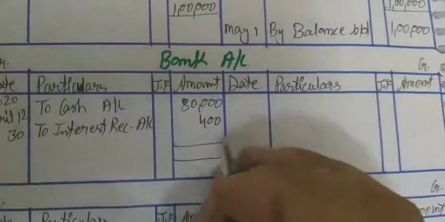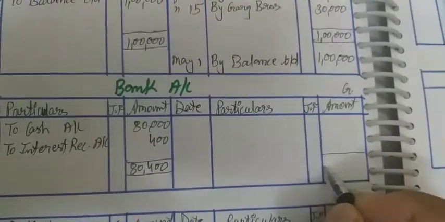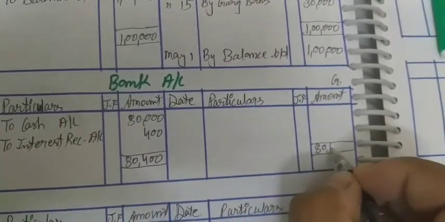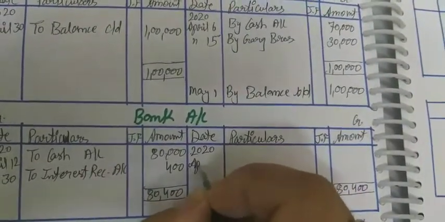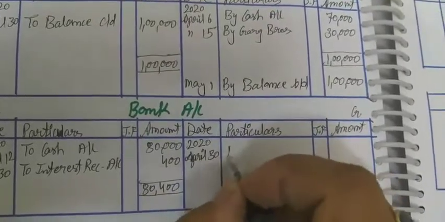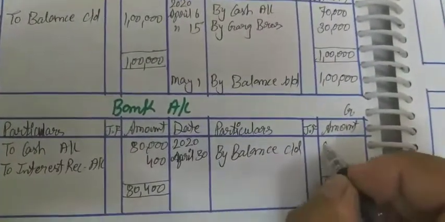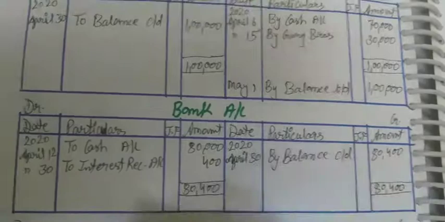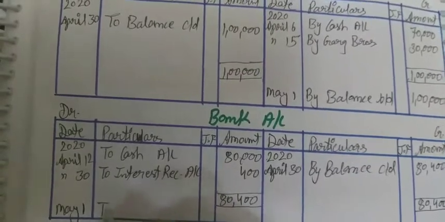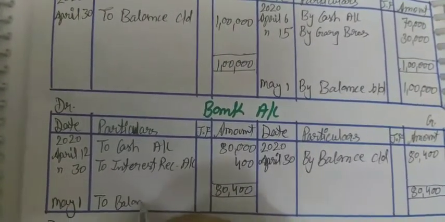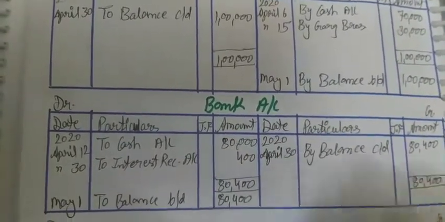No transaction is on the credit side, so 80,400, 2020 April 30, by balance CD, that is 80,400, and this balance will transfer to the next month's first date, to balance BD. So student, the balance is 80,400.